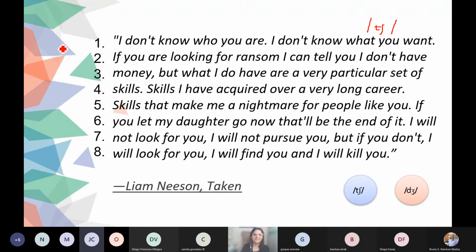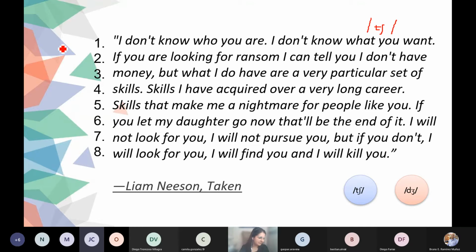Where is the second example? Mike, Omar, Sebastián, Kelly, Gaspar. Were you able to notice where the second example is? In which line?